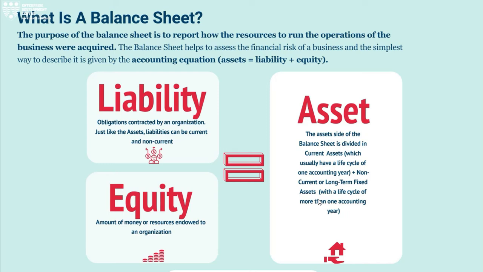Liabilities include all the amounts the business is owing anybody. Examples include overdrafts, loans, accounts payables, which means suppliers that the business is still owing money. These are all liabilities.